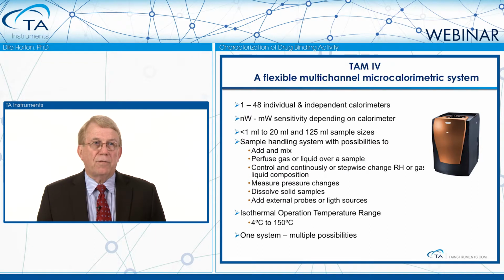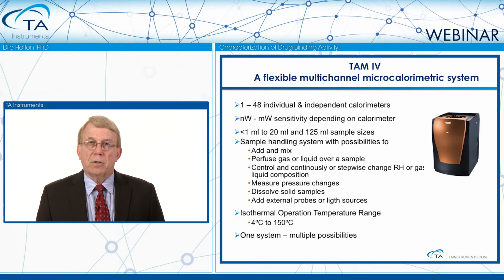The TAM itself is a flexible, multi-channel microcalorimetric system. You can run up to 48 individual and independent calorimeters, so you can get higher throughput than you typically can on any other calorimetric system. You can get down to the nanowatt range, so if you have a small amount of heat being generated in your sample, you're going to be able to pick it up in a TAM system.